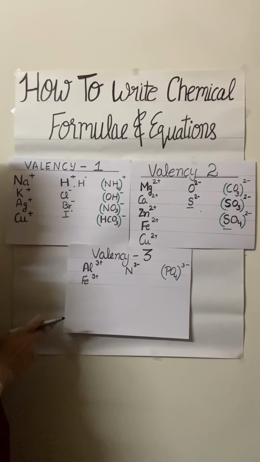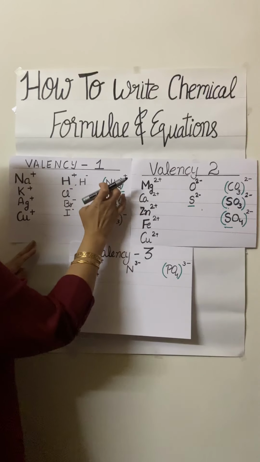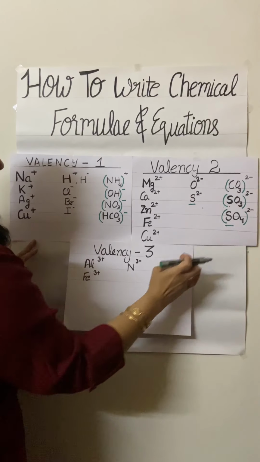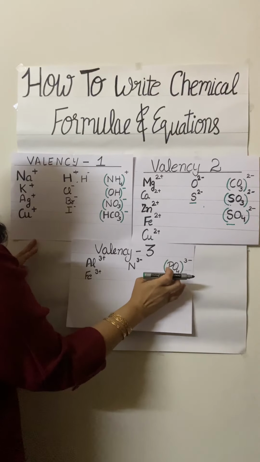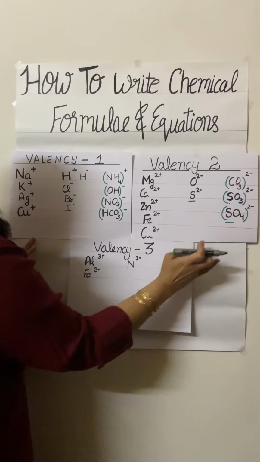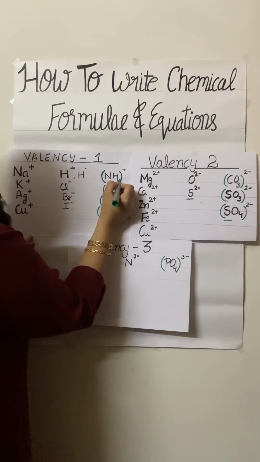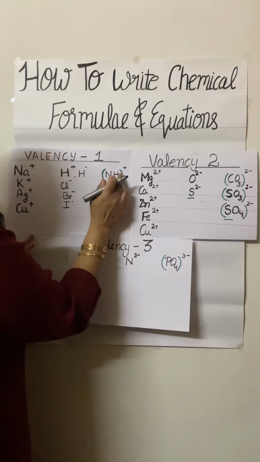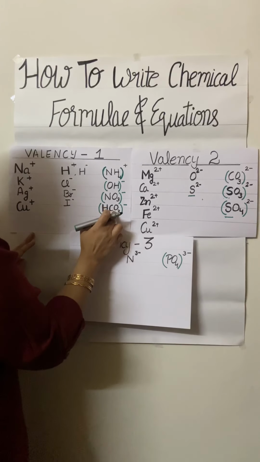Fourth and the last tip is about the polyatomic ions. See children, these are the polyatomic ions I have written here. You can see in all the 3 categories I have written the polyatomic ions. They should be bracketed like this, and the valency should be written outside the brackets. You can do this in your books also.